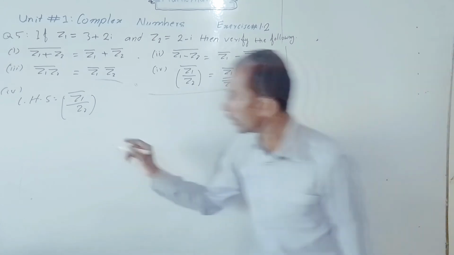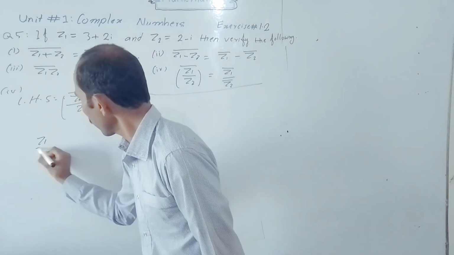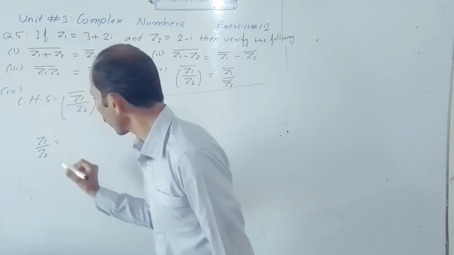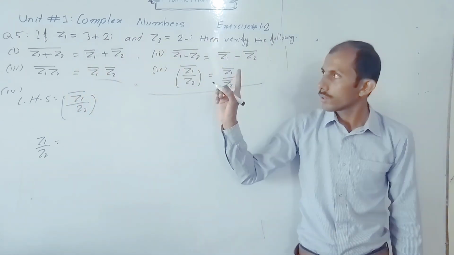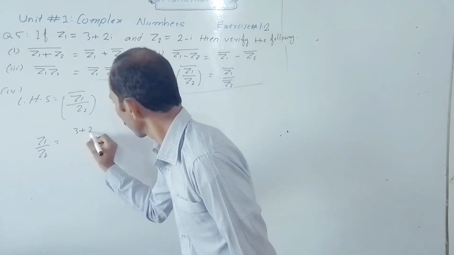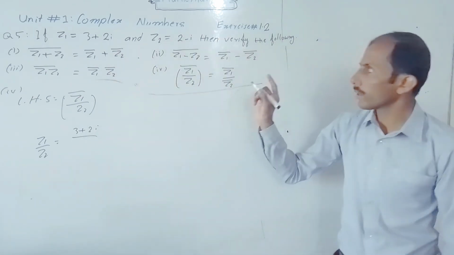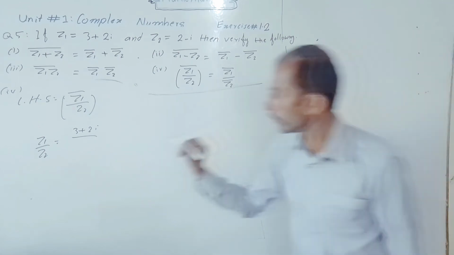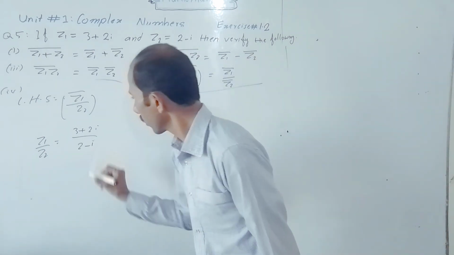So first, Z1 divided by Z2 is equal to, value of Z1 is equal to 3 plus 2i, divided by 2 minus i.